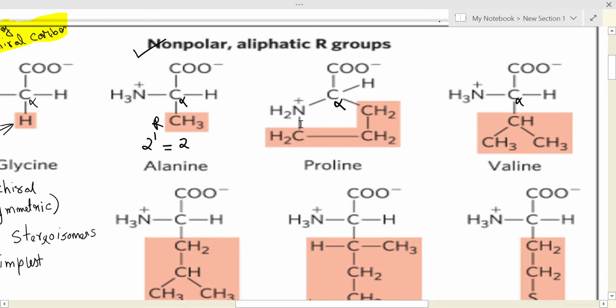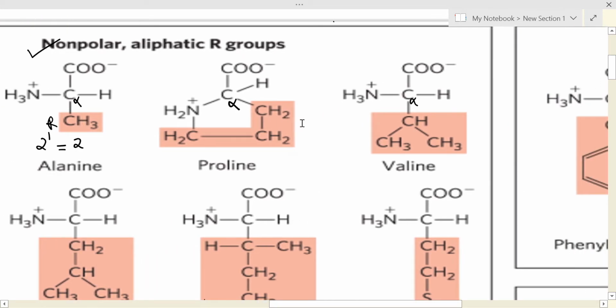Now let's move on to proline. Proline is bulky because it is having a very huge R group. This is the cyclic R group, as you can see, which is making a 5 carbon cycle. So this is the R group, and proline is known as helix breaker. Why?